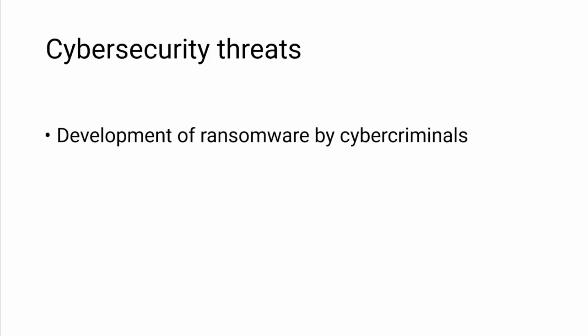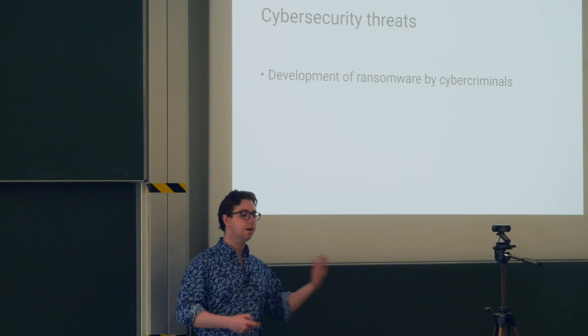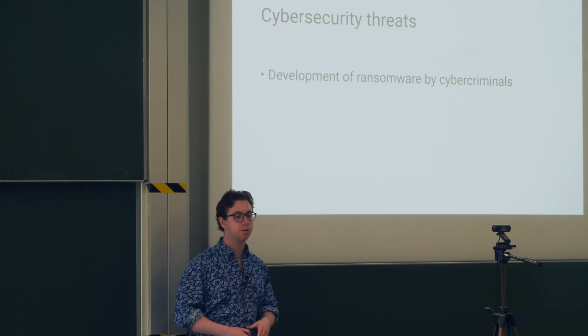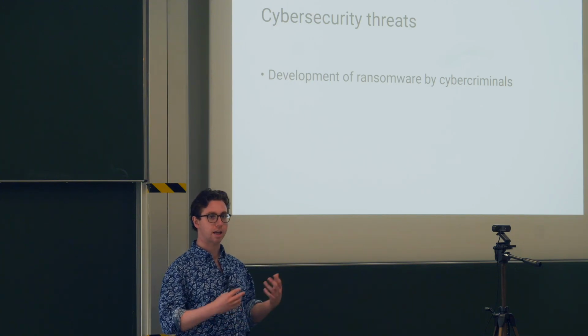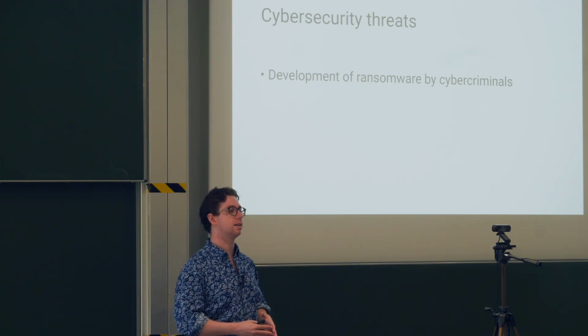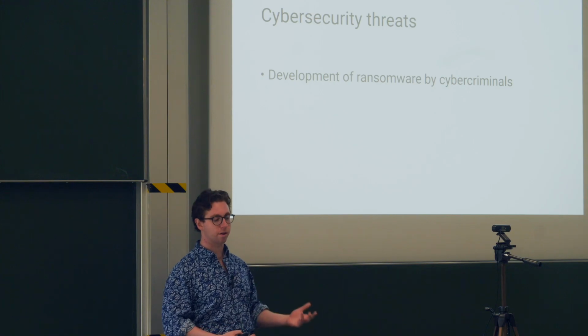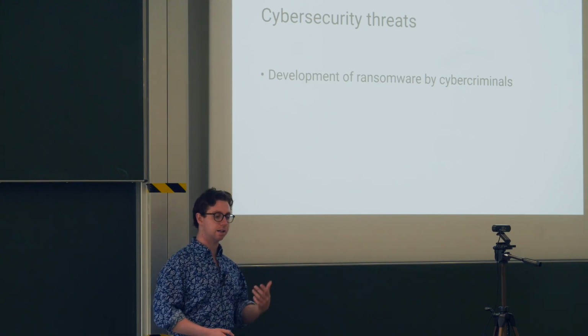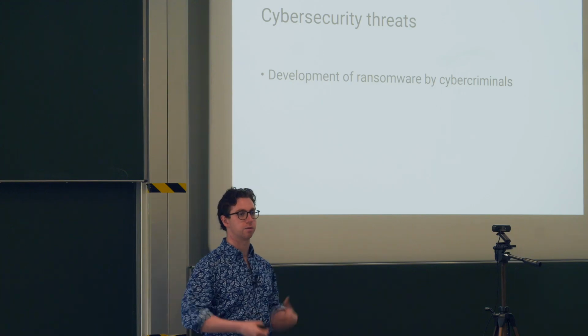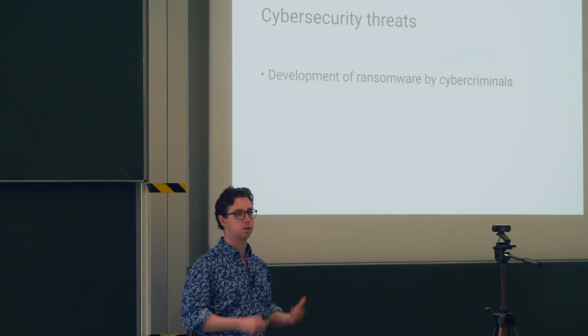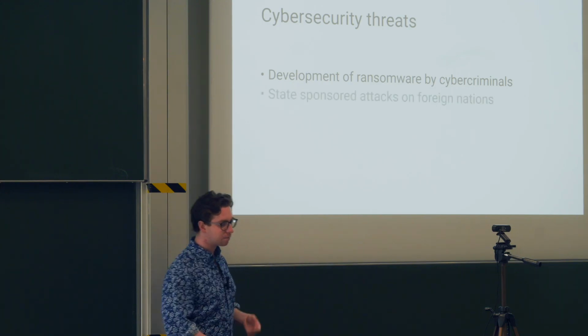What sort of threat models inform cybersecurity evaluations? There's the development of ransomware by cybercriminals. If a cybercriminal gets their hands on a sufficiently advanced model that's capable of noticing vulnerabilities and writing code to exploit those vulnerabilities, then the cybercriminal could use this to develop ransomware, which is specifically malware that locks up your machine and makes you pay a ransom to get it back.